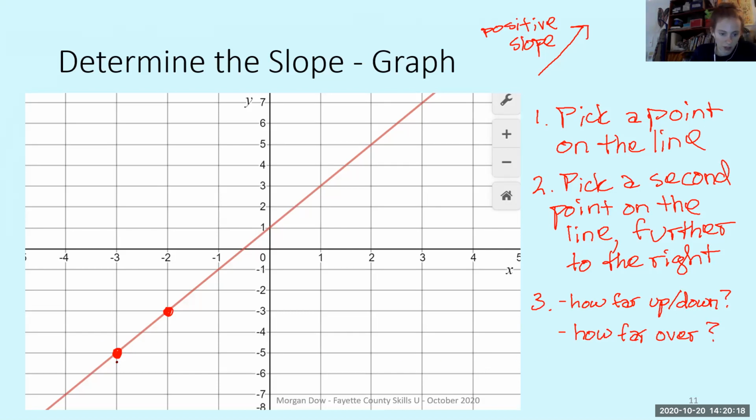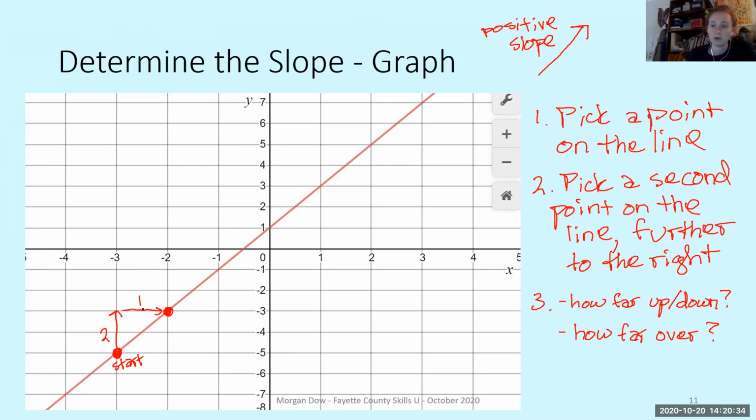So if I start here, I would need to go up 2 and then over 1 to get to the second point.